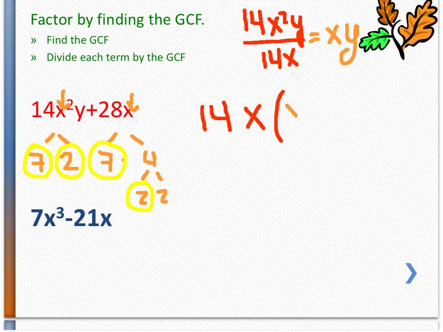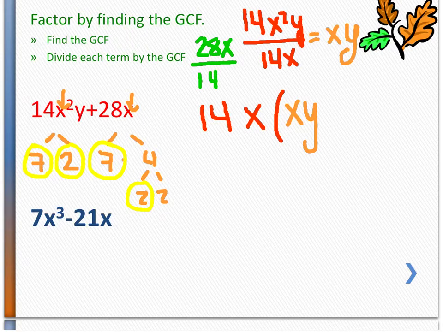So what I'm left with is xy. All right, now we repeat this process with the 28. Now you don't have to show this division step, but I want you to understand what we're doing. 28x divided by 14x. Well, 28 divided by 14 gives me 2. And x divided by x just gives me 1.